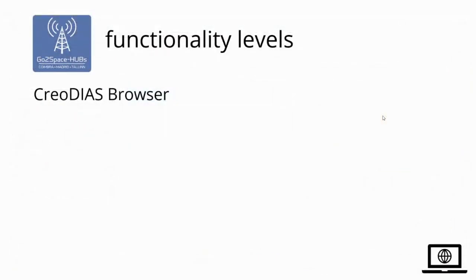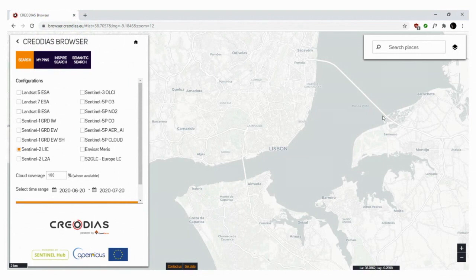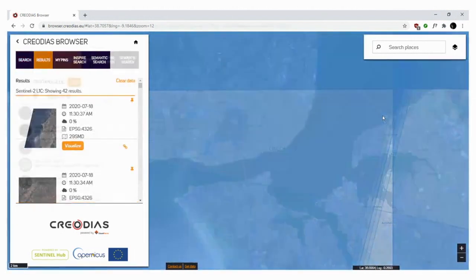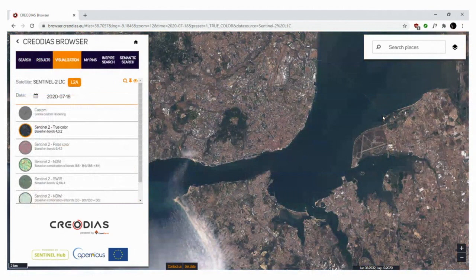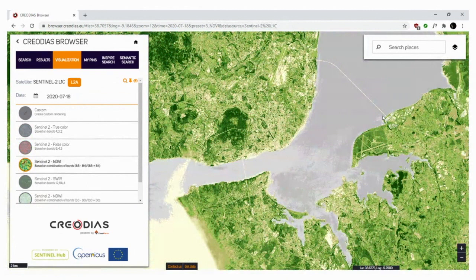So that's one way to use it, and after that we can, for example, know what we need for our purposes. Another one, a bit higher, is Creo DIAS Browser. It's for searching and visualizing data. So we can again set the area, the cloud coverage, the satellite type, time range, of course. But also we can then visualize this data in different ways. We have lists of prepared types of presentation, like true colors here or false colors we saw before, NDVI as well, already there.